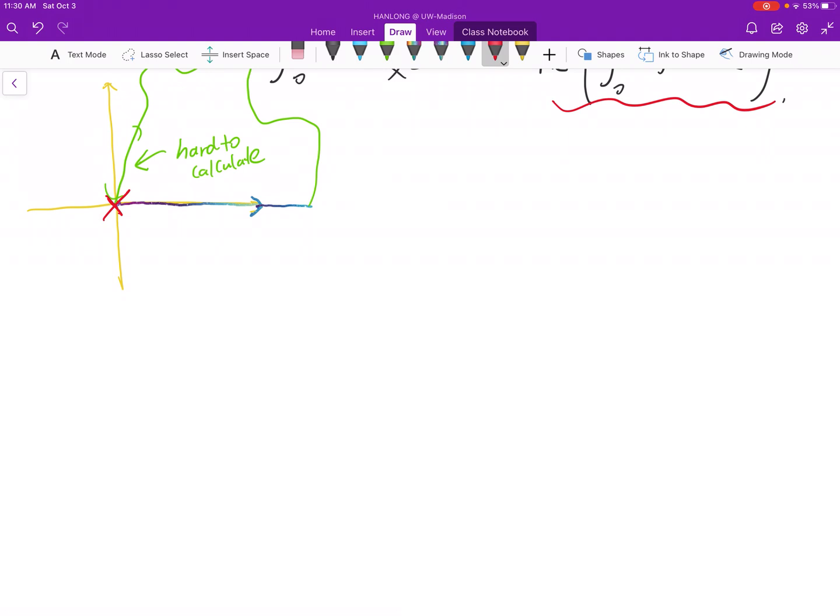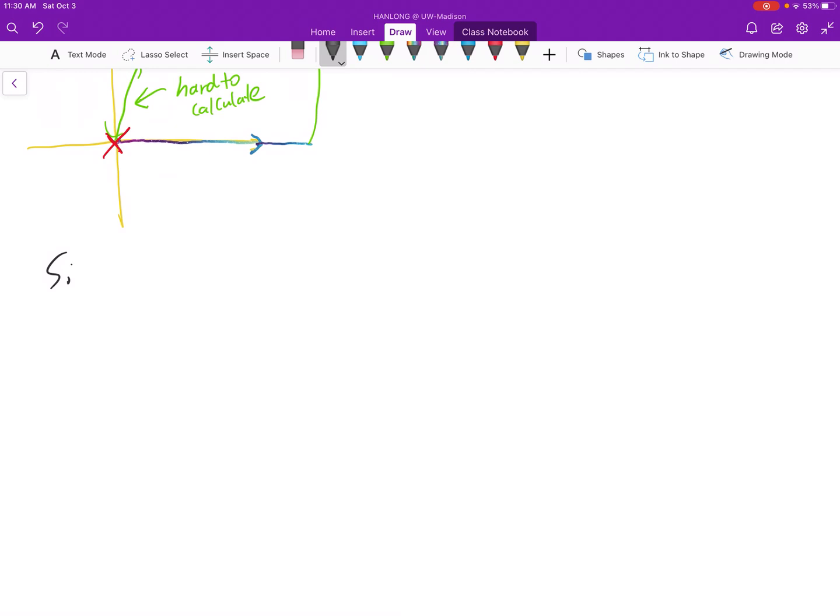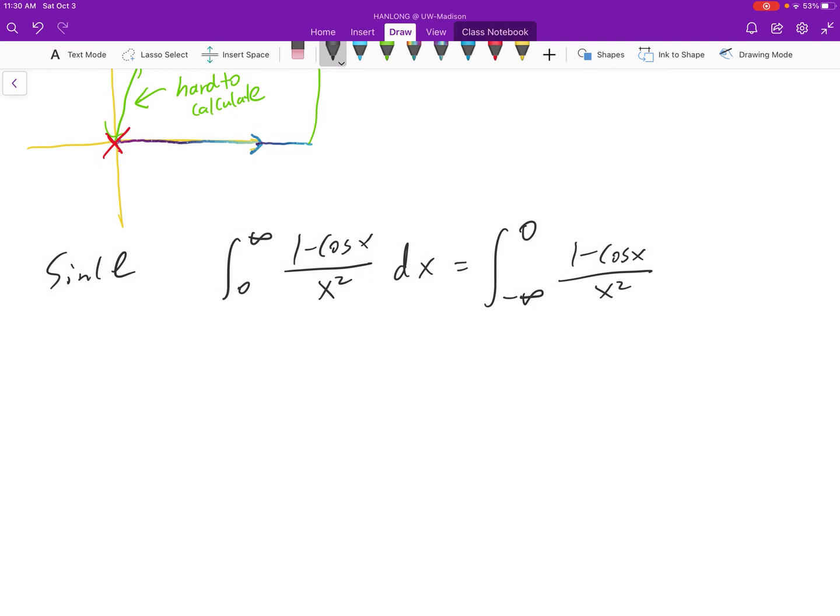Okay, then how to overcome this? Now let's notice that the original integrand is an even function, then we have this. The integral from 0 to infinity is the integral from negative infinity to 0 of the same function.